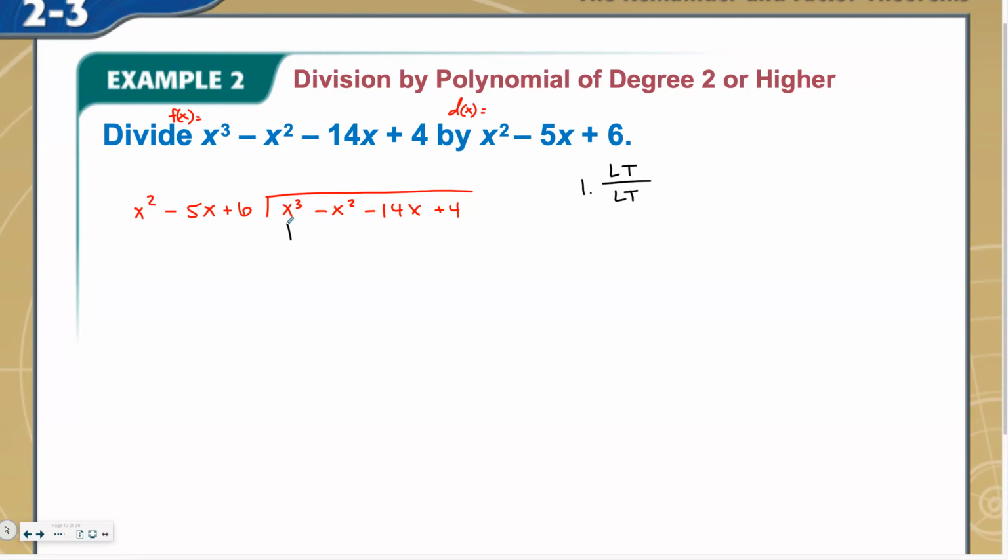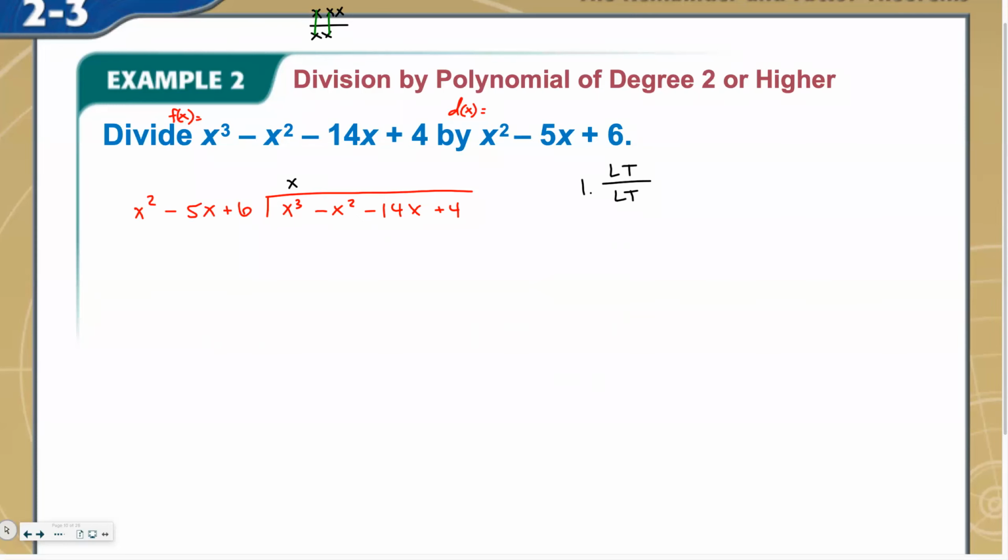That's right. Take the highest powered term. It's x to the 3rd power divided by x squared. In case you're not sure, x times x times x, that's x cubed. And you're dividing that by x squared, which is x times x. When you simplify that, what's left over? X. So we're just going to put an x there.